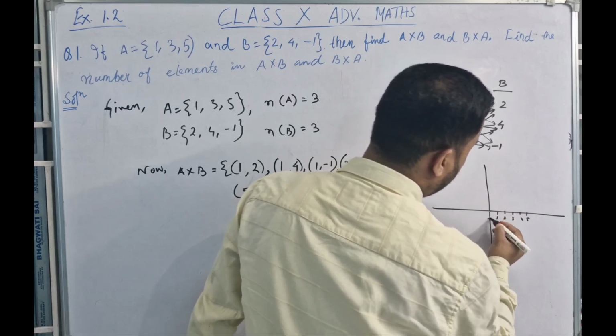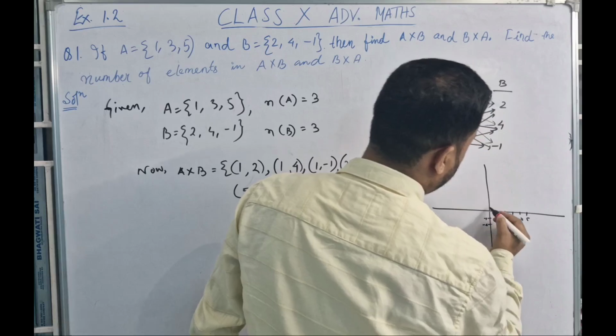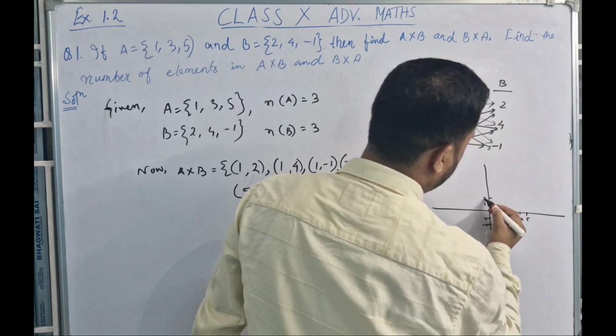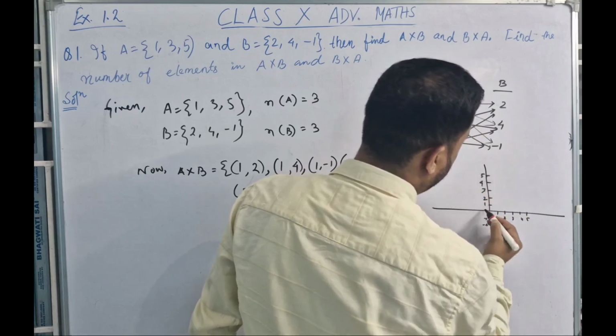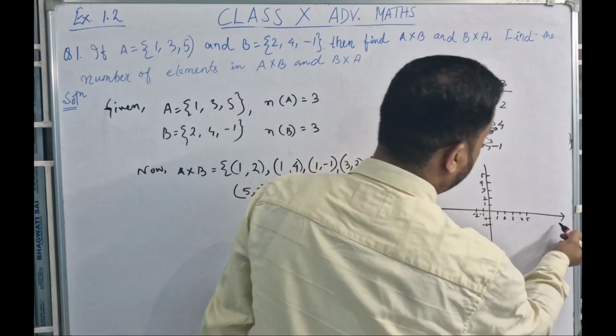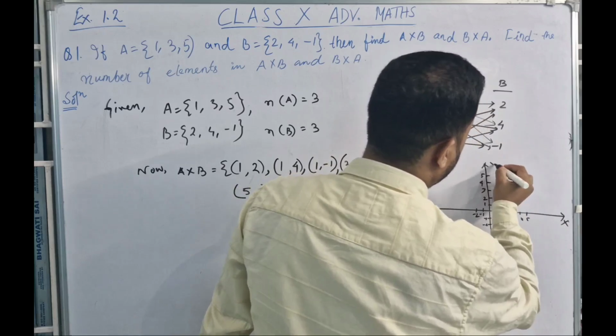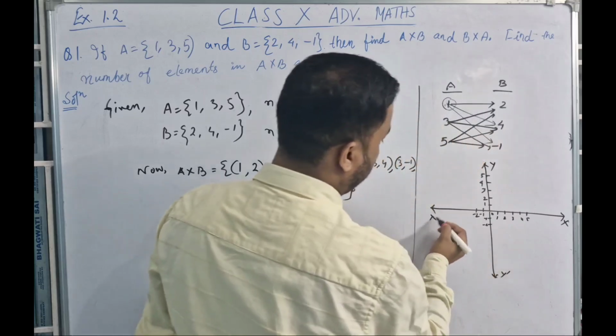Here also 1, 2, 3, 4, 5, and it will be minus 1, minus 2. In this way, this is x, this will be y, this is the origin, this is y dash, and this is x dash.